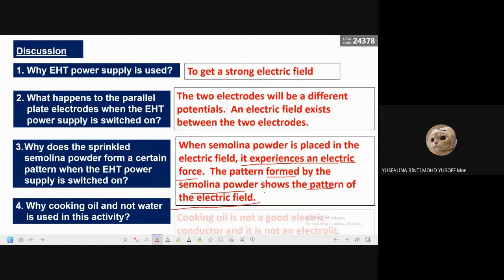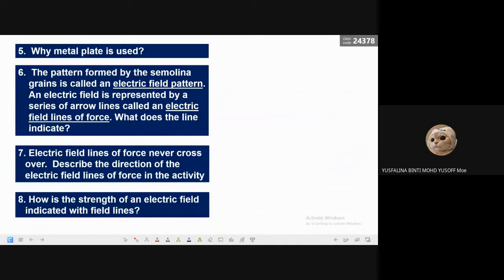And another one, number 4: why is cooking oil and not water used in this activity? Cooking oil is not a good electric conductor and it's not an electrolyte. So essentially it's for safety, right? Okay, and why is a metal plate used? Of course, you have to use a metal plate because you need to make sure that the electric charge is flowing.